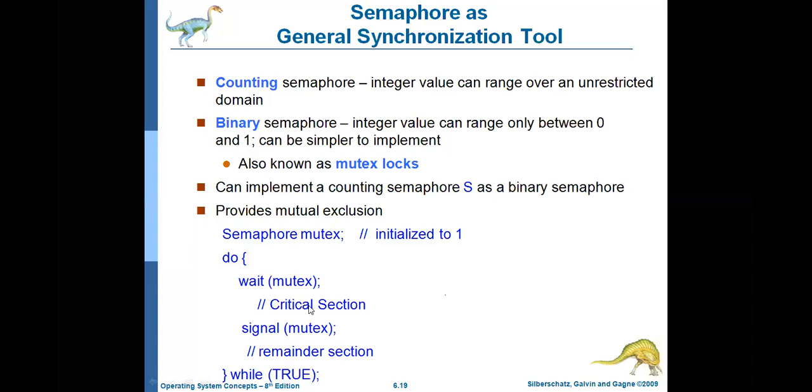After using the critical section, P1 will come out of the critical section and perform the signal operation. What is the signal operation? Incrementing the semaphore value by 1. So now the semaphore value becomes 1. Whenever the semaphore value becomes 1, a waiting process can perform the wait operation, because 1 minus 1 is 0.